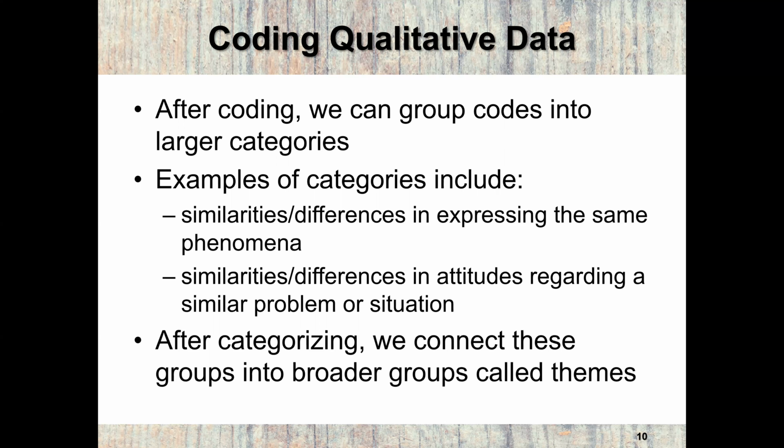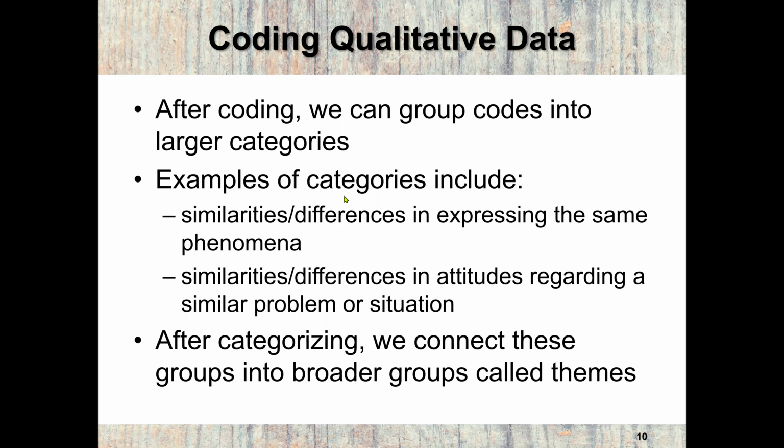It depends on the type of data you have and the type of analysis you want to do, maybe hypothesis testing. But the general concept is good, especially if we have a lot of coding in our data, because we can group the codes into larger categories.